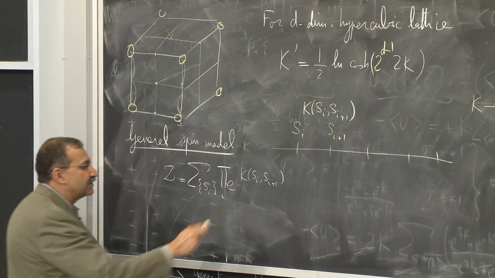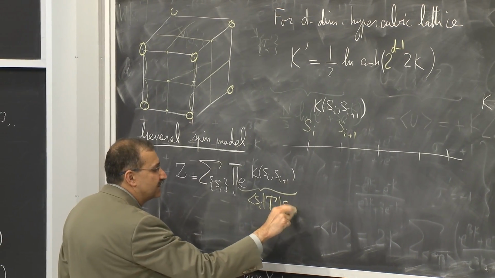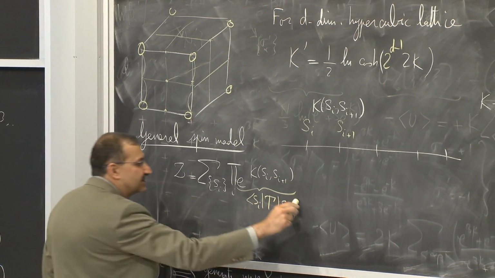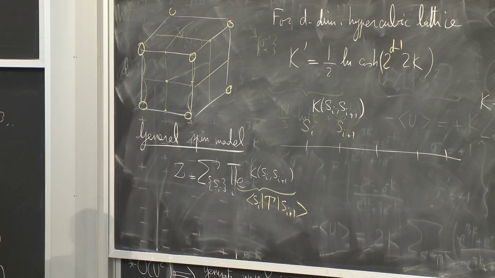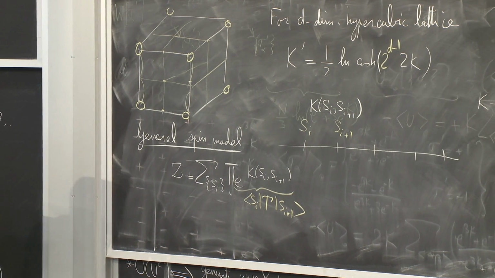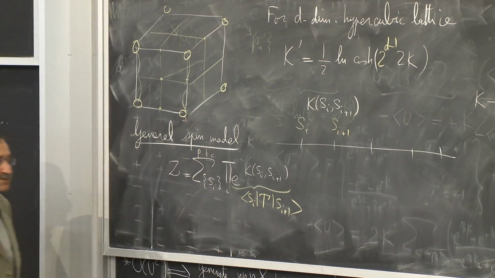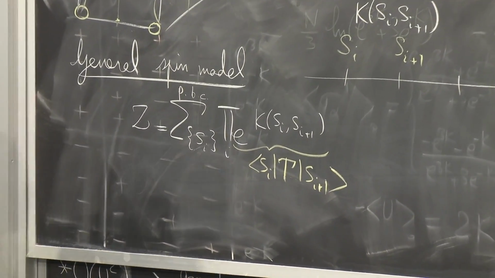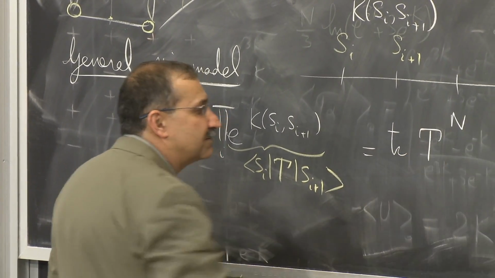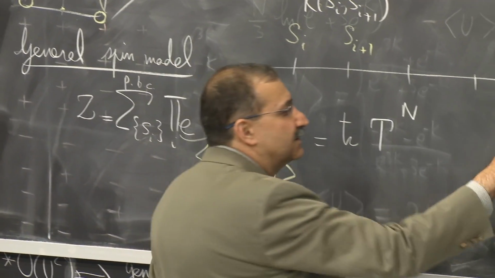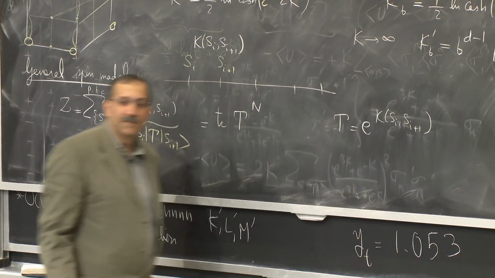And if I regard this as a matrix, which is generally called a transfer matrix, you can see that this multiplication involving the sum over all of the spins is equivalent to matrix multiplication. And in particular, if I have periodic boundary conditions in which the last spin couples to the first spin, I would have trace of T to the power of N, where T is essentially this e to the K of Si, Si plus 1.